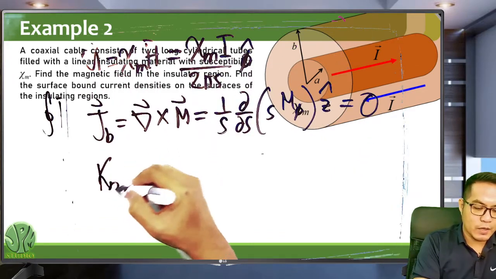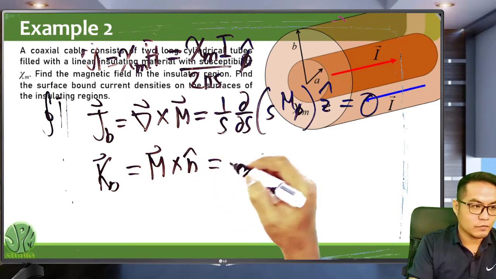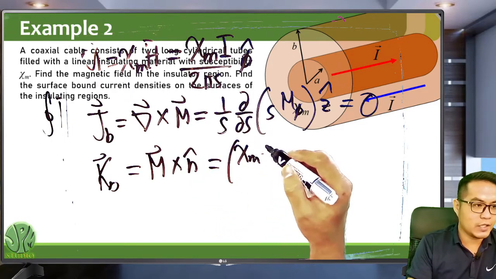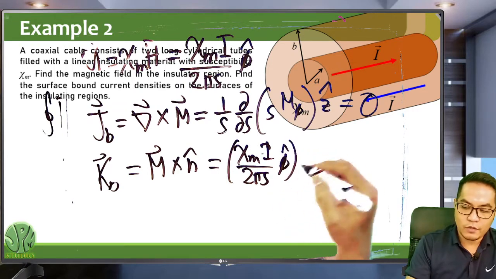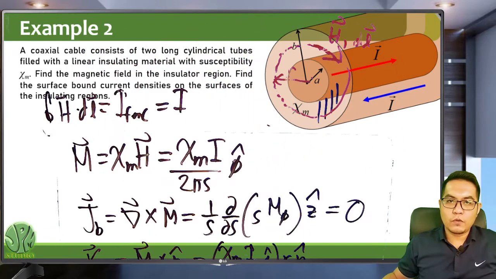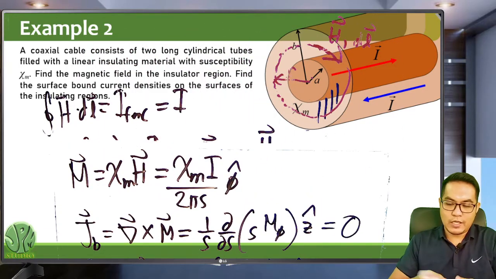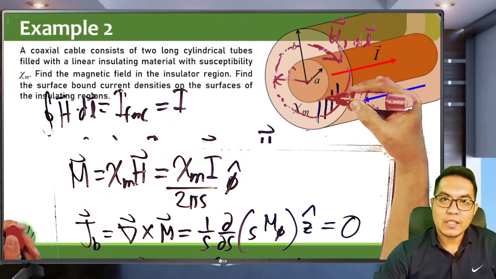Now for the surface bound currents, this is M cross n hat. So you have susceptibility I over 2 pi S phi hat cross n hat. Okay, if you look at this insulator region here, the n hat has actually two surfaces.